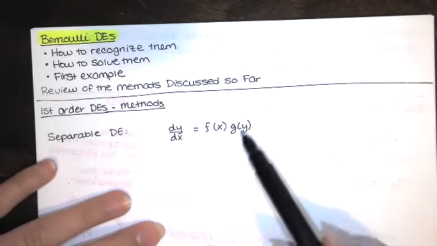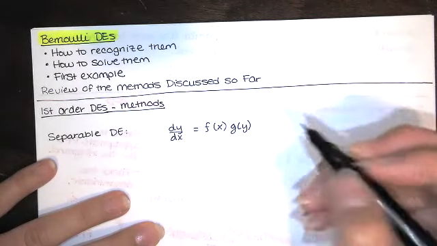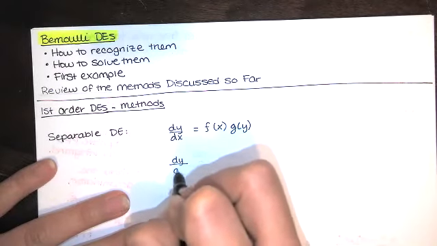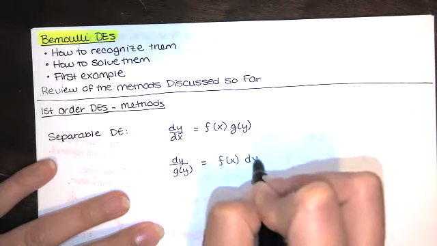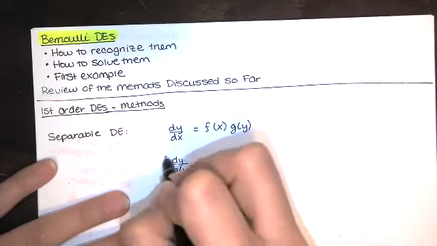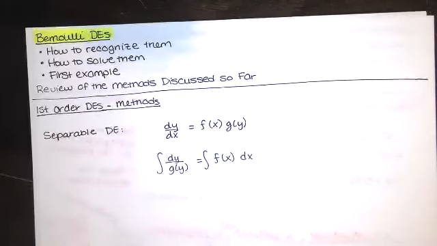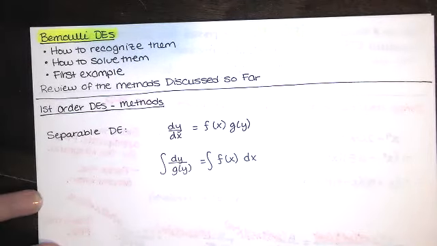So for this one, I would divide both sides by g of y and multiply both sides by dx to get something that looks like this. Now I've got all x's on this side, all y's on this side, and to solve the differential equation, I just anti-differentiate. That'll get me an implicit solution, and if I want an explicit solution, I would just try to solve for y. Those are the simplest ones.